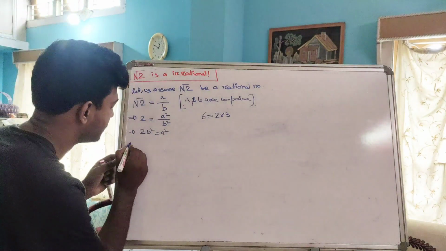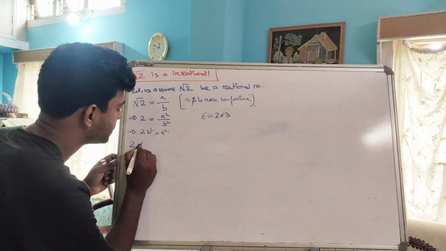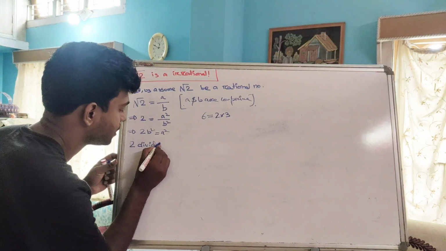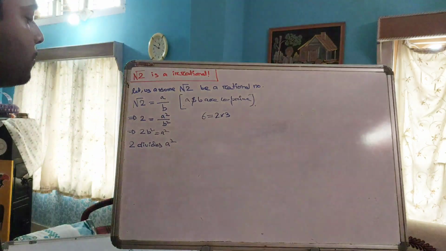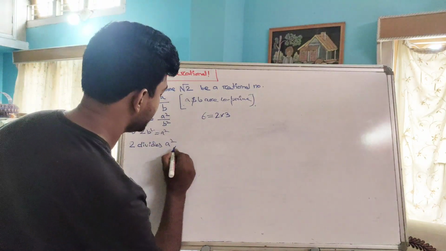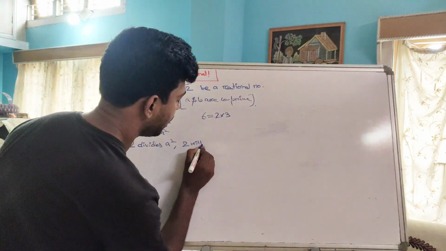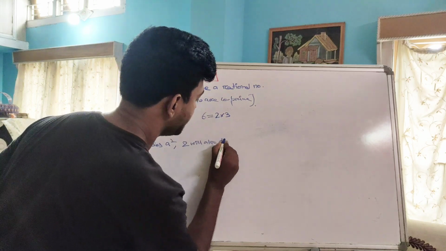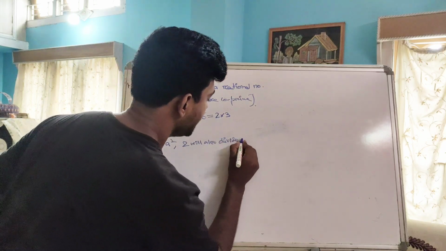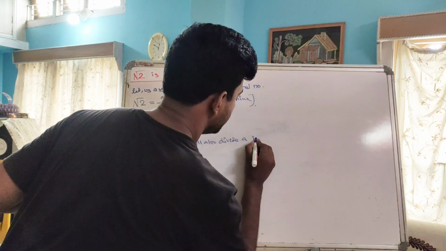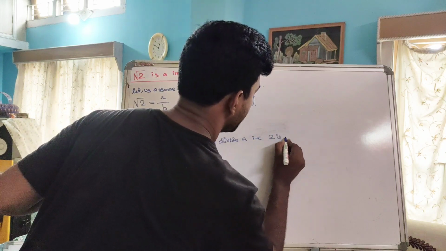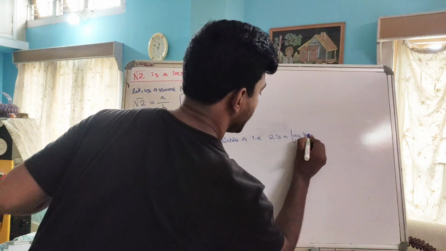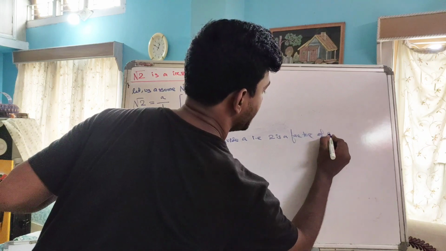So let us write here: 2 divides a squared. So from our previous theorem we can say 2 will also divide a, which means that 2 is a factor of a.